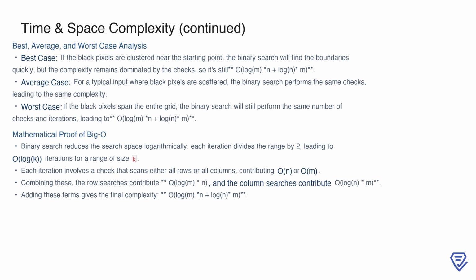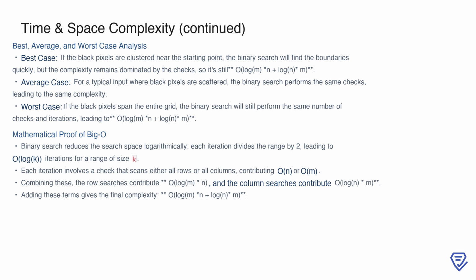For the average case, where black pixels are scattered throughout the image, the binary search performs the same number of iterations and checks, leading to the same overall complexity. Even in the worst case, where black pixels span the entire grid, the algorithm behaves consistently, with the complexity remaining O(log m * n + log n * m).